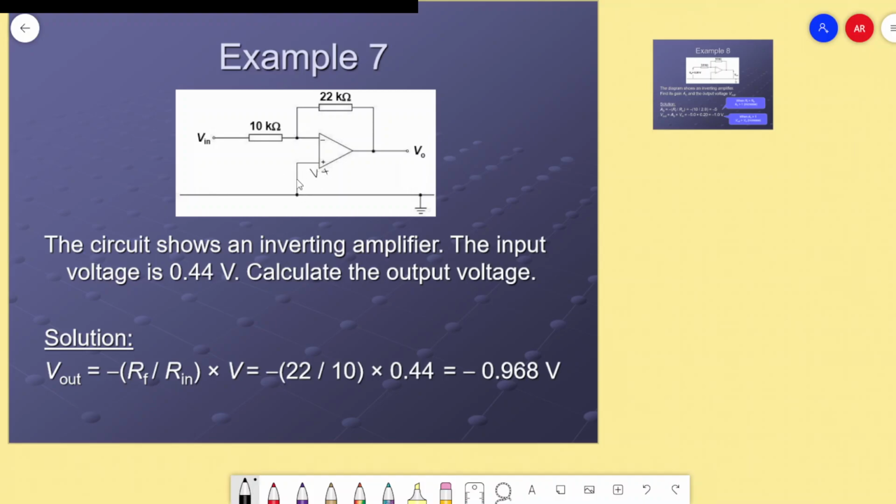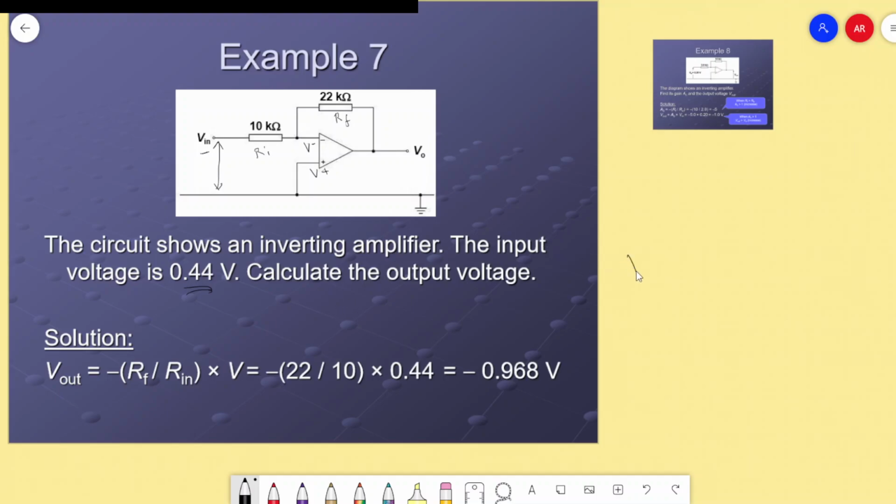V plus is grounded, V minus is not grounded. That means, with respect to the ground, this is the voltage fed into the inverting end. This is the input resistance, this is the feedback resistance. They say the input voltage is 0.44. How much should be the output voltage?